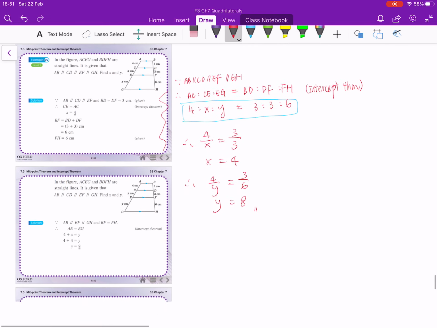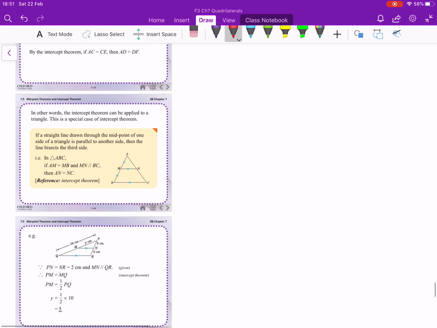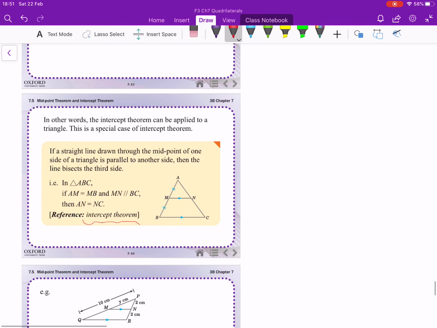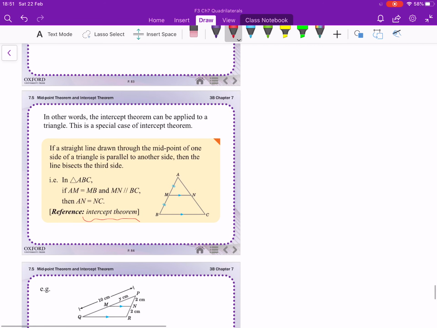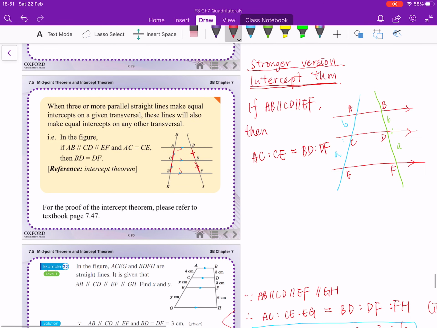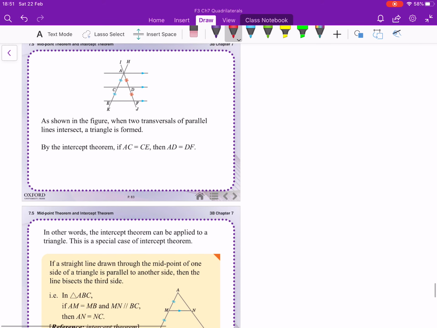Okay, so it goes to the next one. We have another Intercept theorem, because other than applying it to the case with parallel lines, we can also apply the Intercept theorem to triangles.